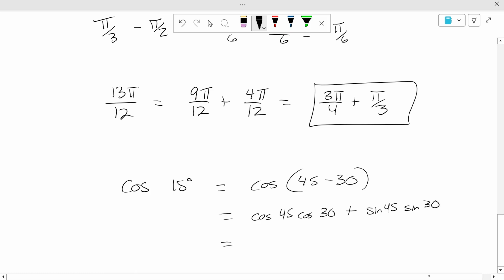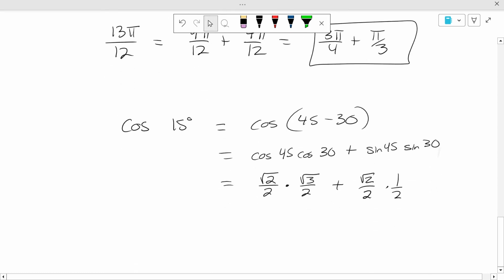All right, so cosine of 45 minus 30 is cosine of 45 cosine of 30 plus sine of 45 sine of 30. So what's cosine of 45? Square root of 2 over 2. What's cosine of 30? Square root of 3 over 2. What's cosine of 45? Square root of 2 over 2. Sine of 30? 1/2. Okay?